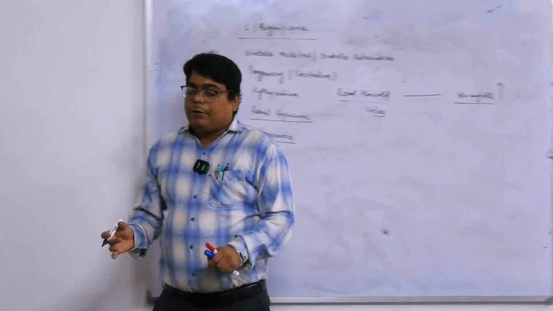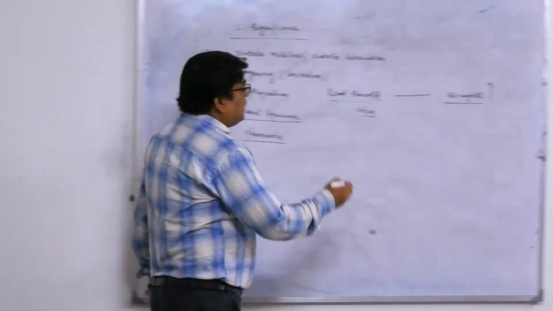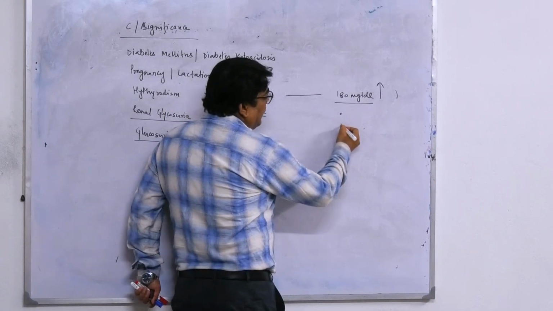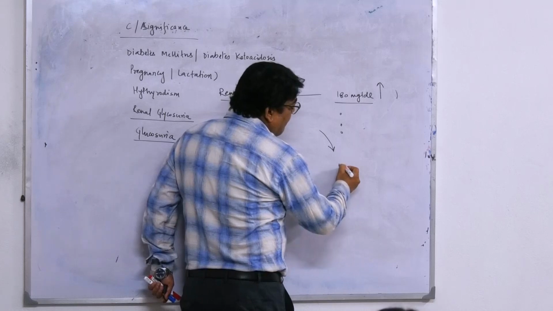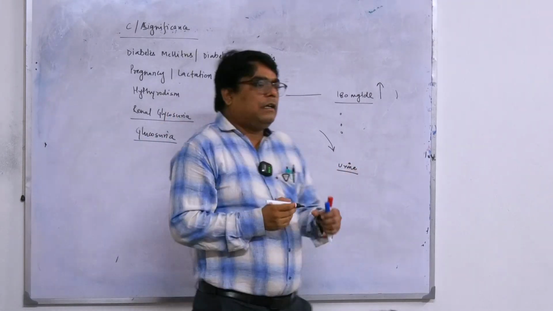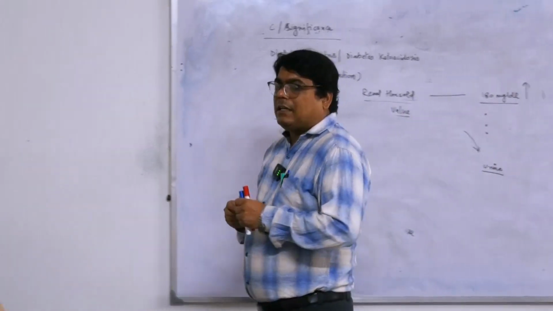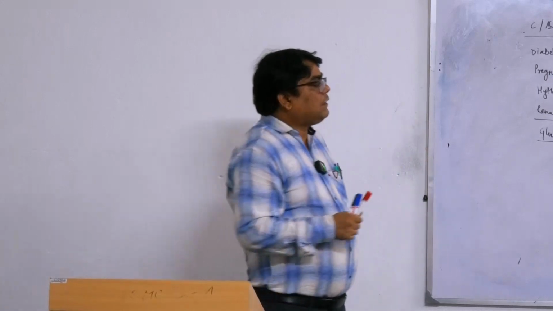The renal convoluted tubule is not able to reabsorb all this blood sugar, and due to this blood sugar is spilled out from the body in the urine. So this is generally the cause. That's why blood sugar comes in the urine.